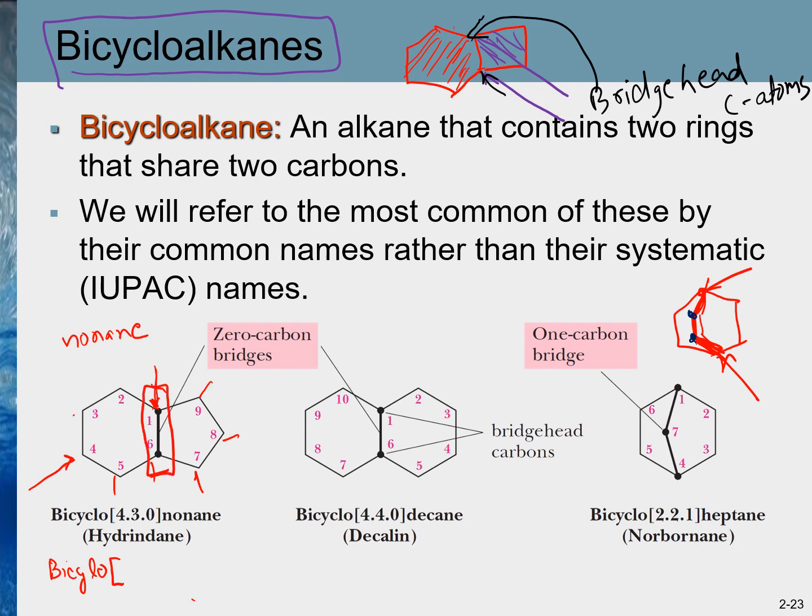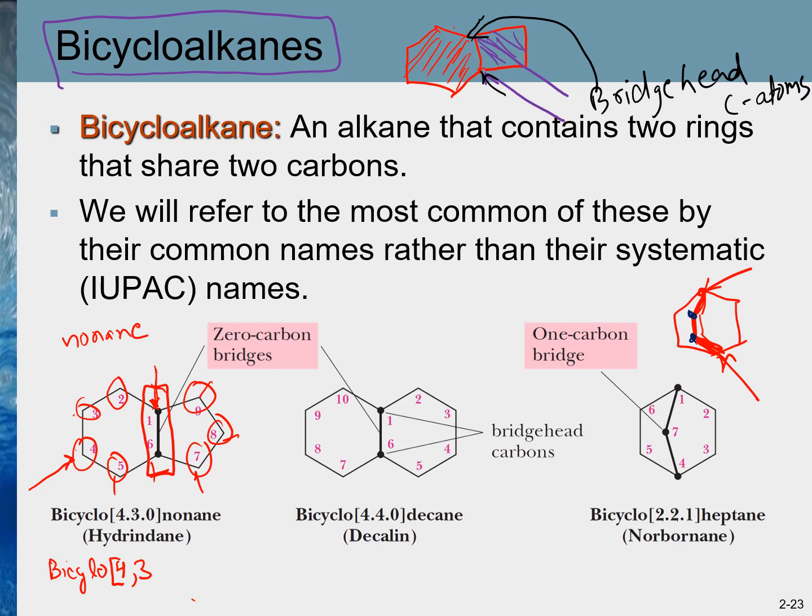So other than the bridgeheads, how many carbons are present in the larger ring first? So in this case, we have 1, 2, 3, and 4 carbons. So therefore, we write the number 4, comma. Now, number of carbons in the smaller ring except the bridgeheads. So that would be 1, 2, and 3. So therefore, we write 3.